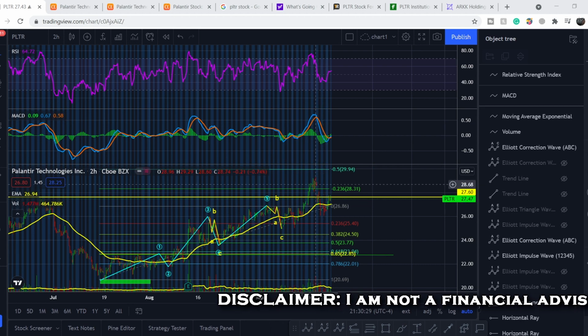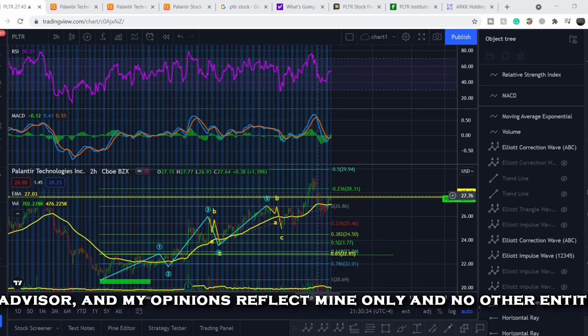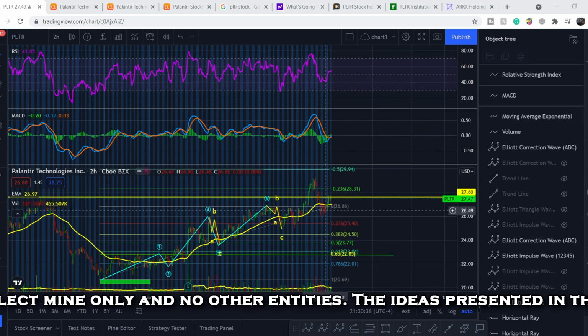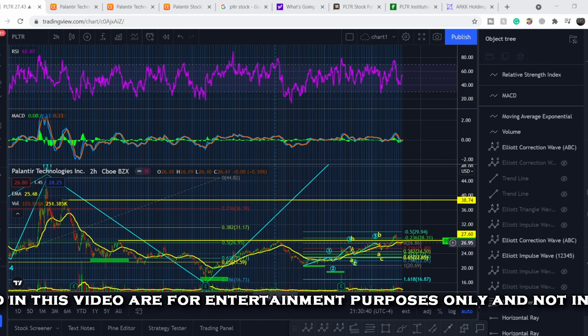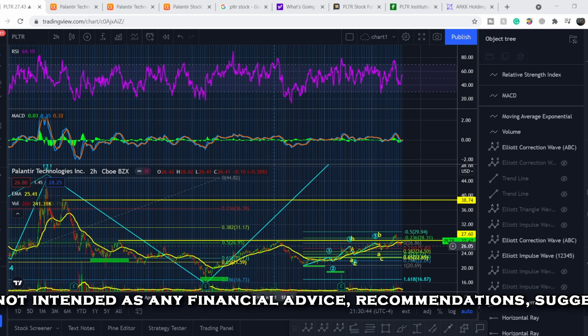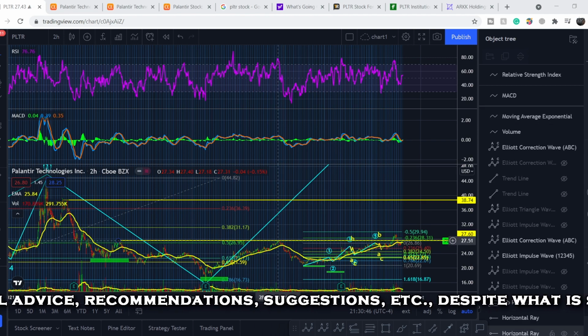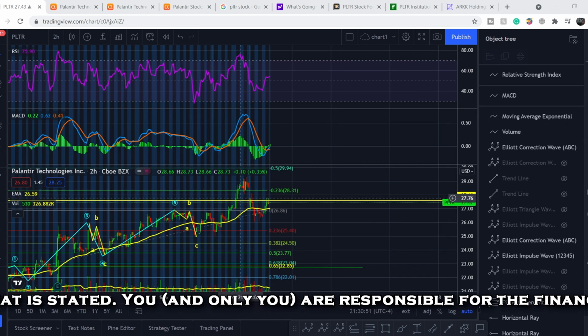I made my previous video right here somewhere when we made this breakout, and I told you that we have to retest this level. It is the $27.6 mark, and it is a confluence level between these two tops, two swing highs, and these levels are a very strong resistance slash support line. As you can see, we broke it right here with very good volume.